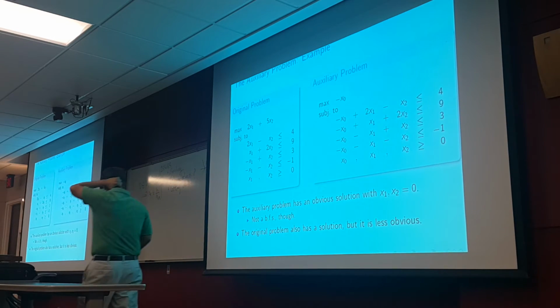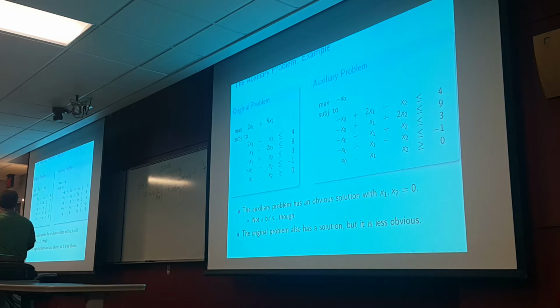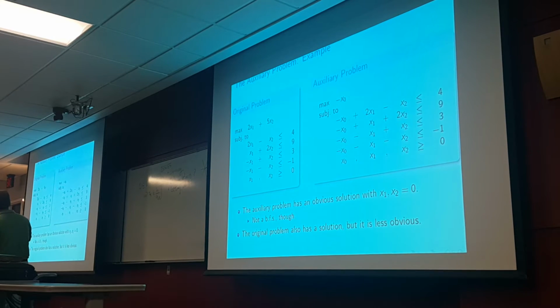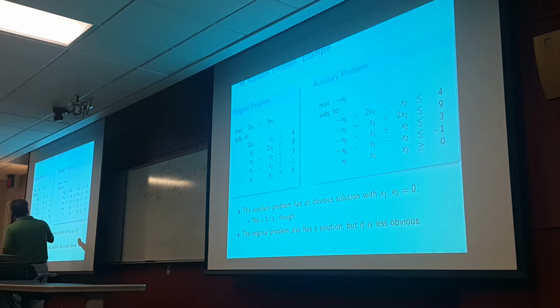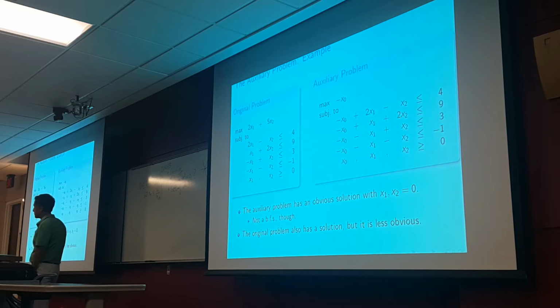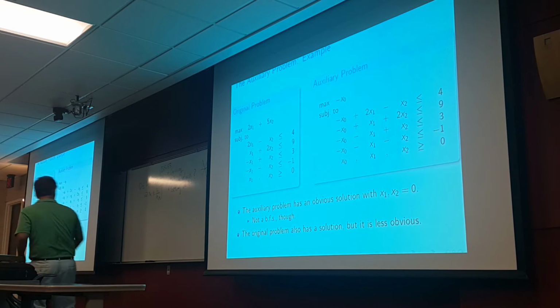So I know for sure that this problem is feasible, but it's not exactly what I need to solve to get a feasible solution for the original problem. I'm heading in that direction, but I'm not quite there. Now notice that I'm maximizing the negative of x0, so I'm actually minimizing x0. So here's the claim. Let's write it here on the board.